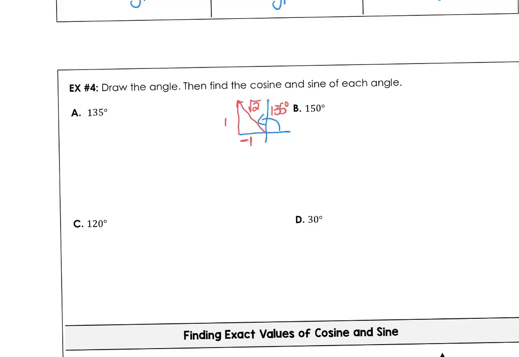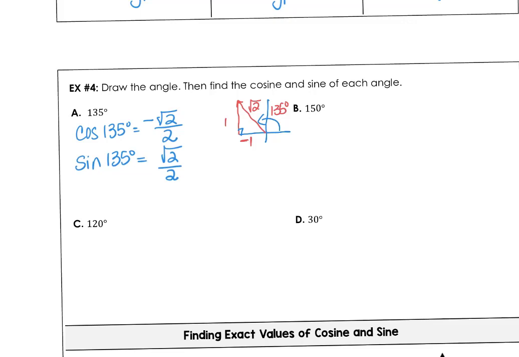To get the cosine and the sine of the angle, the cosine of 135 would be the adjacent to the hypotenuse. So adjacent is -1 and the hypotenuse is radical 2, which gives us negative square root of 2 over 2. And the sine, since it's a 45, 45, 90 triangle, is going to be the same, just opposite over hypotenuse, which is a positive square root of 2 over 2.